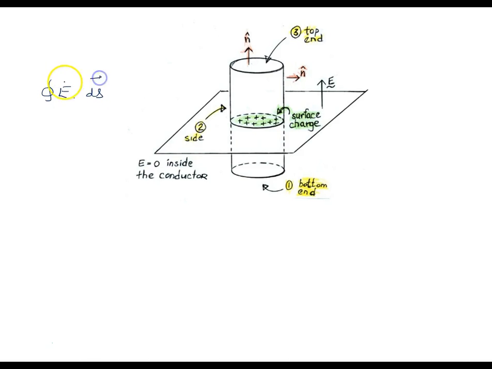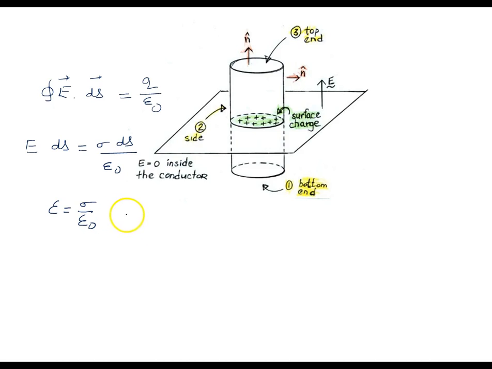I am not writing vector everywhere, but you have to take the mark. Three regions, but only top region is responsible, so I am writing only for the top region. E everywhere theta is 0 into ds, q is sigma, the surface charge density, into ds region upon epsilon naught. What we get? E equal to sigma by epsilon naught.